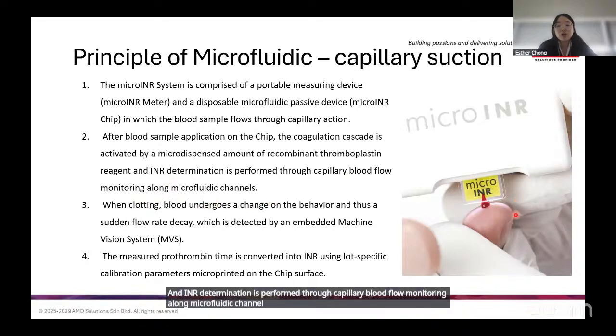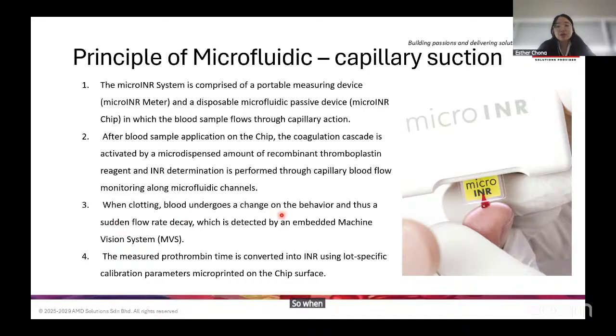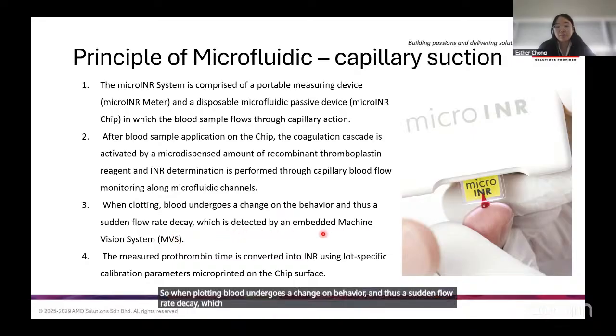So when the blood goes inside there has the reagent of the thromboplastin. So blood will then mix with thromboplastin, and then will give out a result of the INR, PT-INR. So when clotting, blood undergoes a change on behavior and thus a sudden flow rate decay, which is detected by an embedded machine vision system.